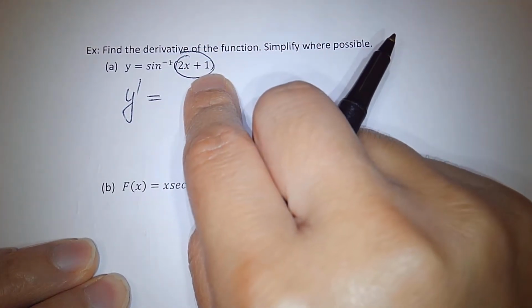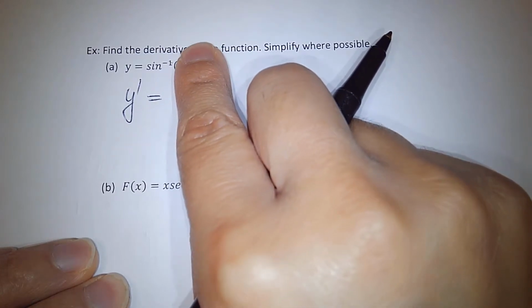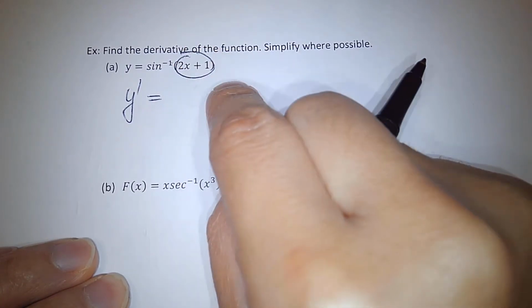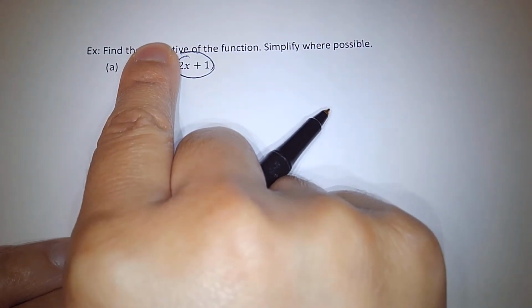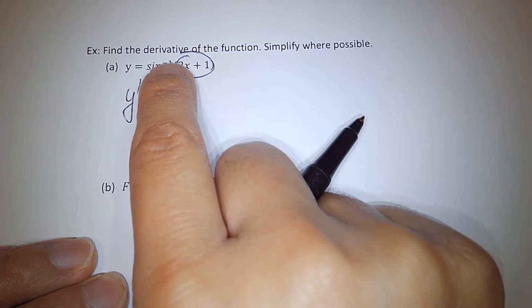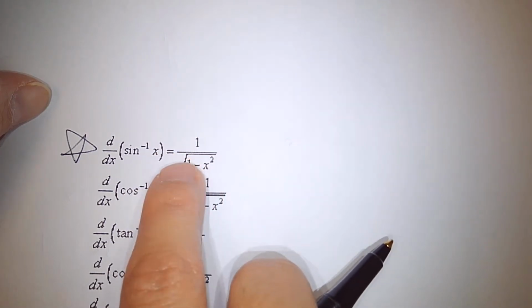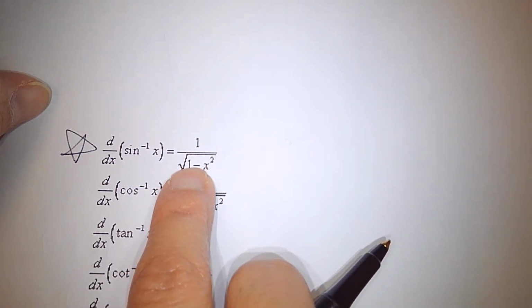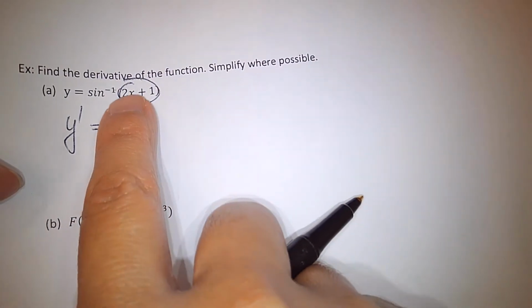I'm going to use the chain rule. Yes or no? Yes. So first I want to find what? The derivative of inverse sine, and then we're going to multiply by what? The derivative of 2x plus 1. So what is the derivative of the inverse sine function? It's 1 over square root of 1 minus. We don't have x, we have what? 2x plus 1.